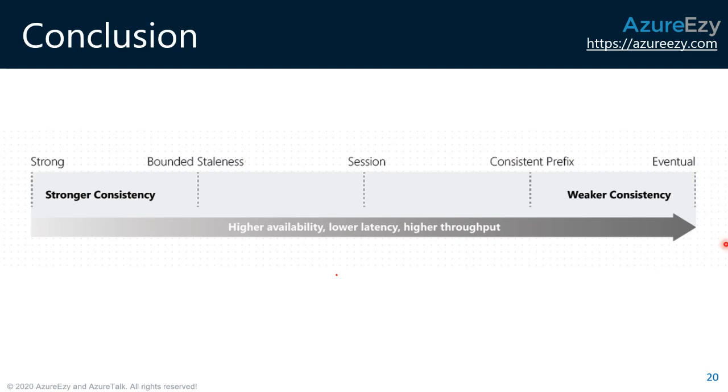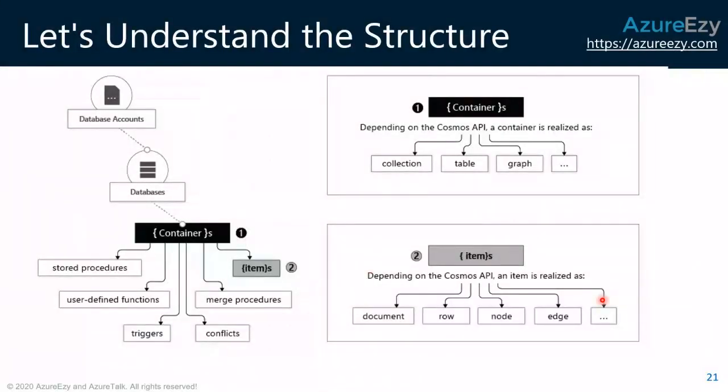So it's time to understand the structure of the Cosmos DB. Now this picture shows you how the structure is. Let me get the pen. Now at the top level of the Cosmos DB, we have to create the account.